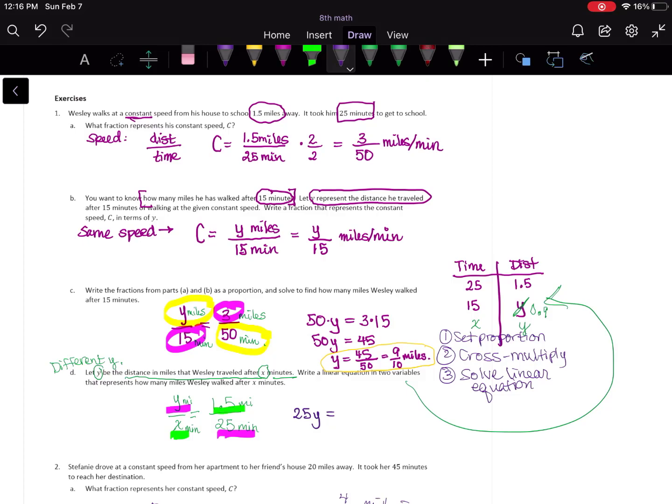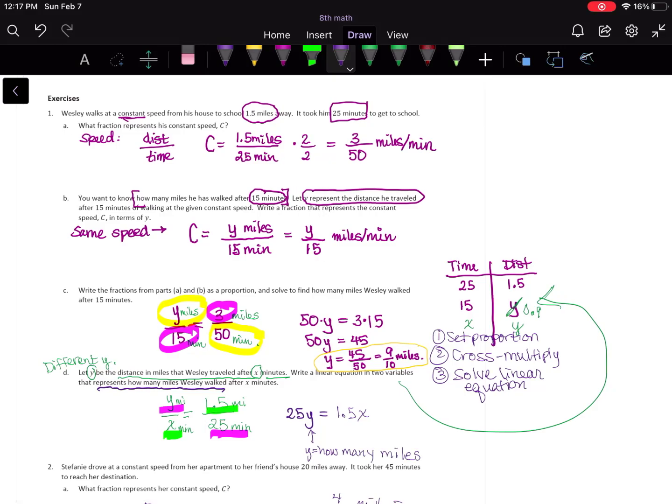1 and 5/10 x. Because we want to know how many miles Wesley walked after x minutes, we need to get the y by itself. Therefore, I divide both sides of my equation by the coefficient 25 on y to obtain that y equals 1 and 5/10 x divided by 25.